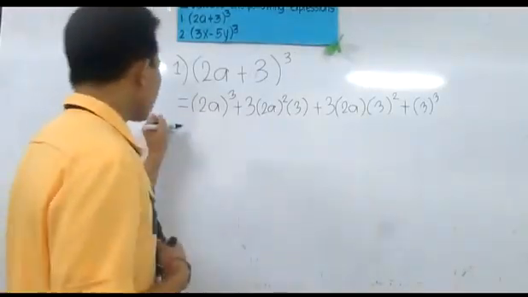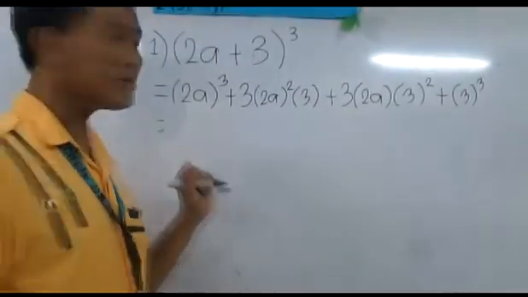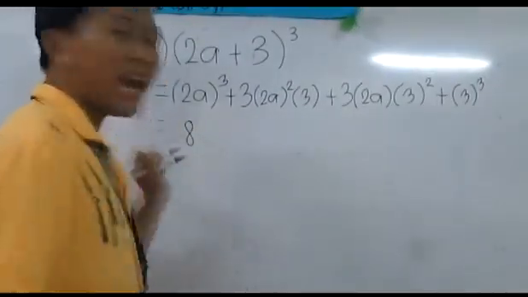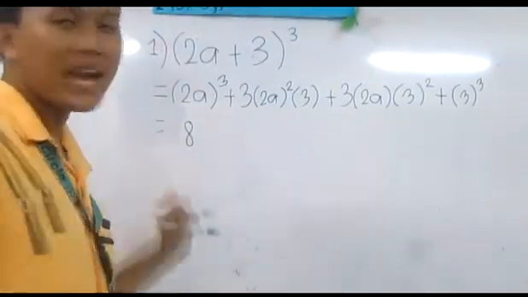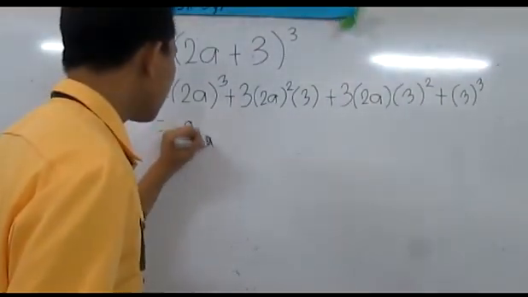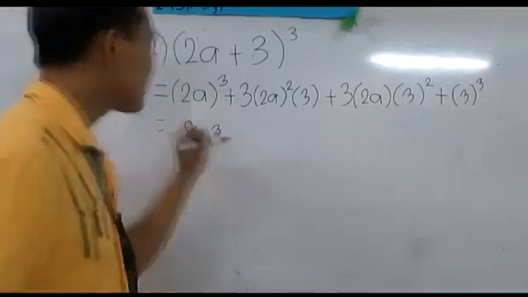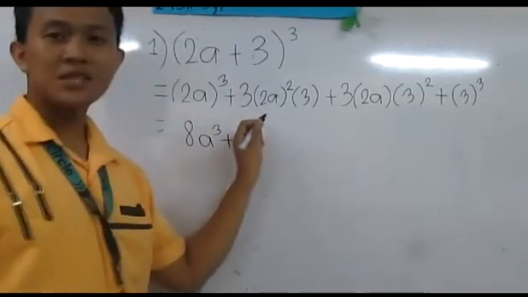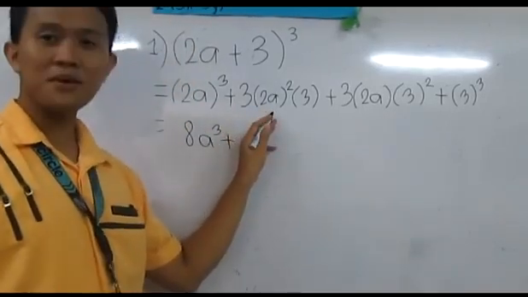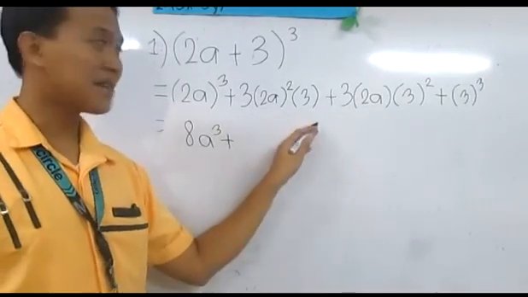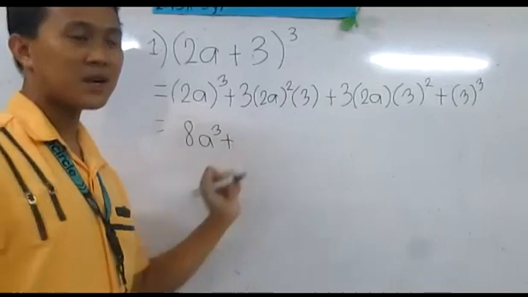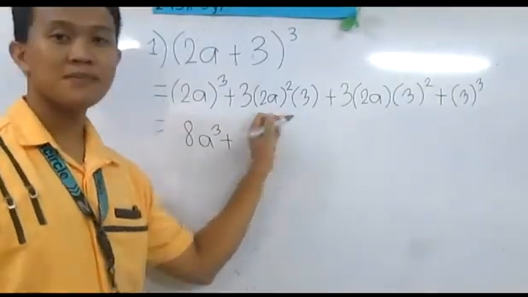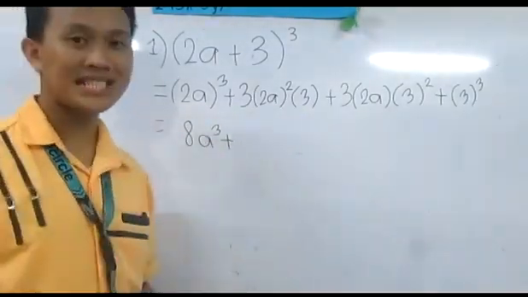2a raised to the power of 3 is equal to 8a cubed, because 2 raised to the power of 3, or 2 cubed, is equal to 8. Plus 3 multiplied by 2a squared multiplied by 3: 3 times 3 is equal to 9, 9 times 4 is equal to 36.